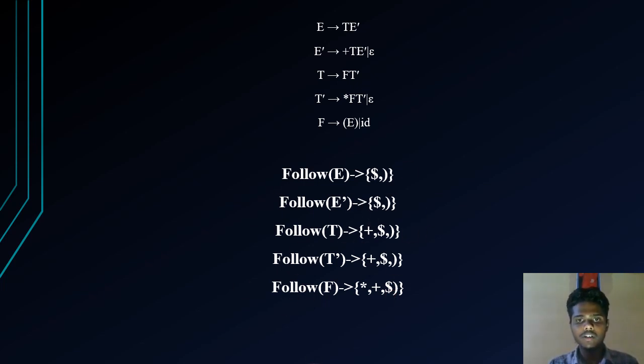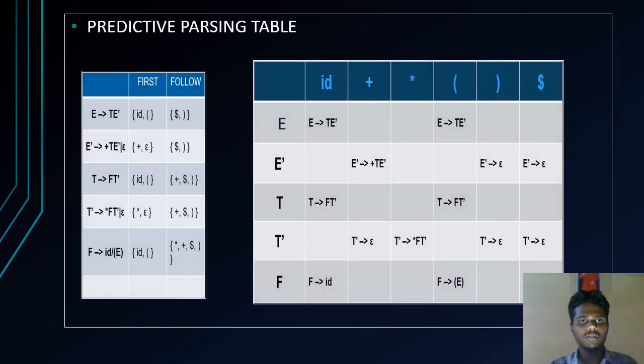So we found both, step 2, right? First and then follow. Then coming to constructing the predictive parsing table. Here is the table of first and follow for the given grammar. E tends to T dash: first was id and open parenthesis, and follow is dollar and closed parenthesis. Similarly for E dash, the first was plus and epsilon and follow is dollar and closed parenthesis.